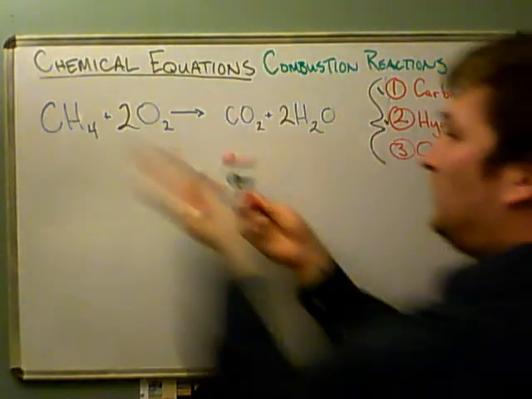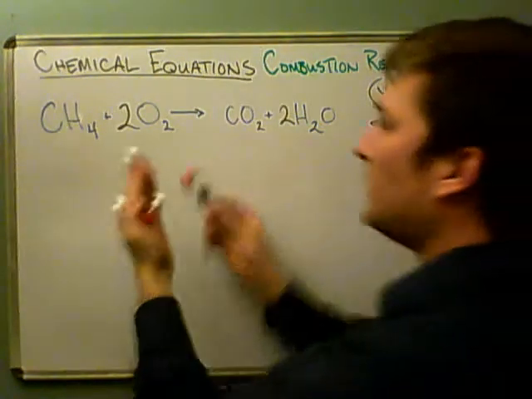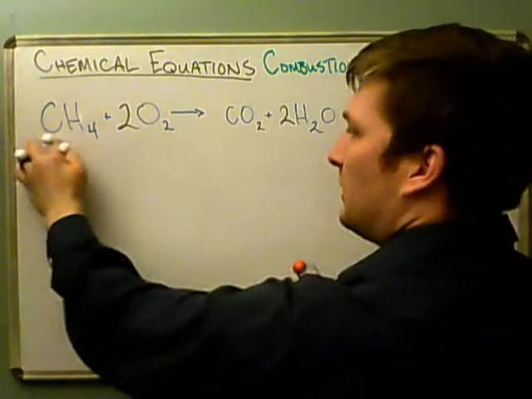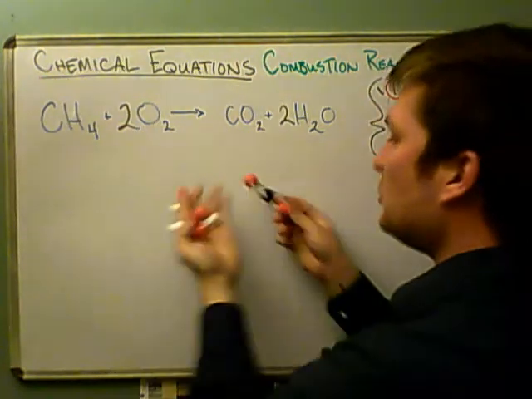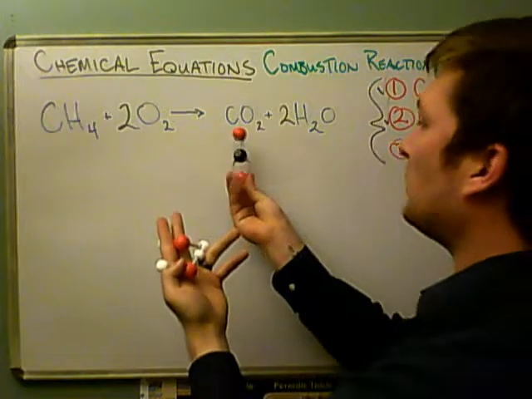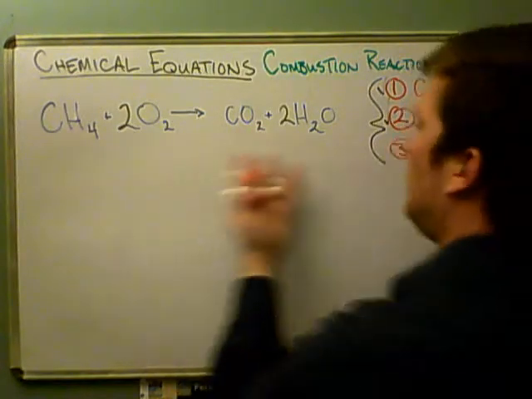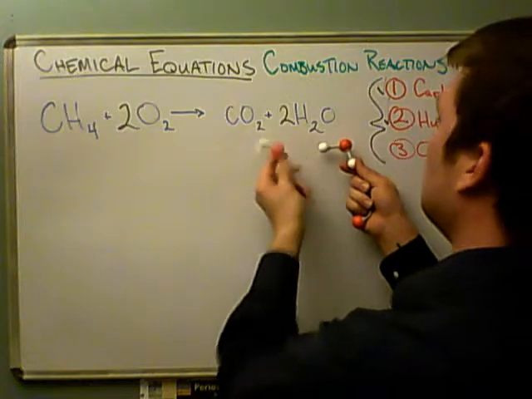And it turns out that we balanced it right, because all I needed was 1 molecule of methane, 2 molecules of O2, and I got 1 molecule of CO2 and 2 molecules of H2O.